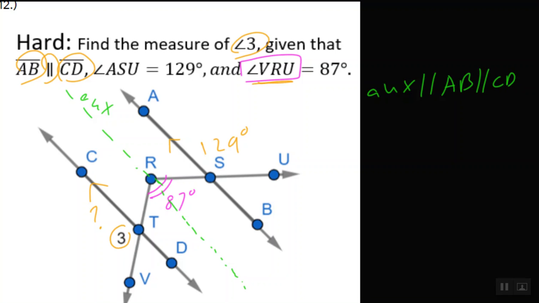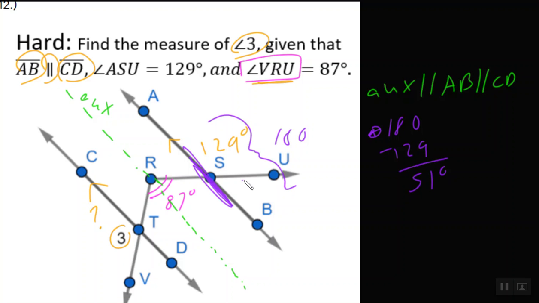Now, knowing that, that's actually pretty crucial. Our next step is to say, you know what, any two angles on a straight line must add up to 180. So if I do 180 minus 129, what am I going to get? Well, I know 180 minus 129 is going to be 51 degrees, which means that that is now 51 degrees.